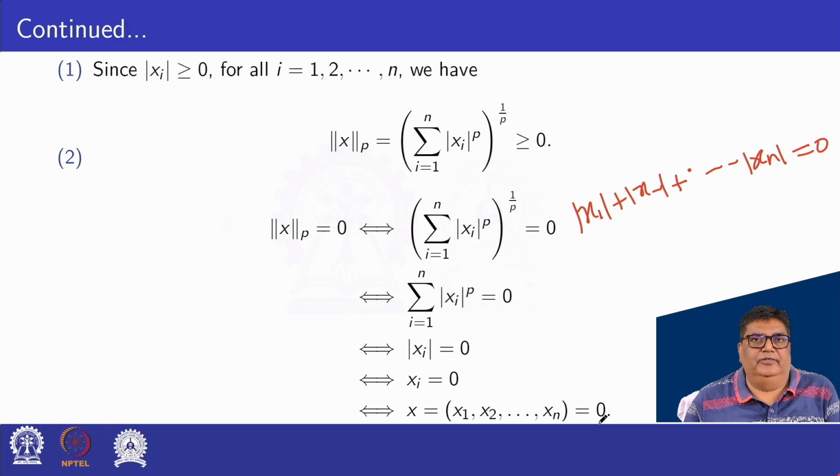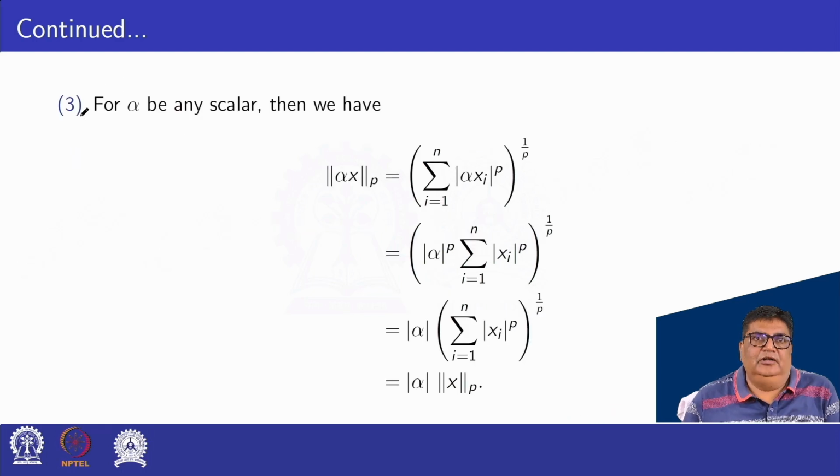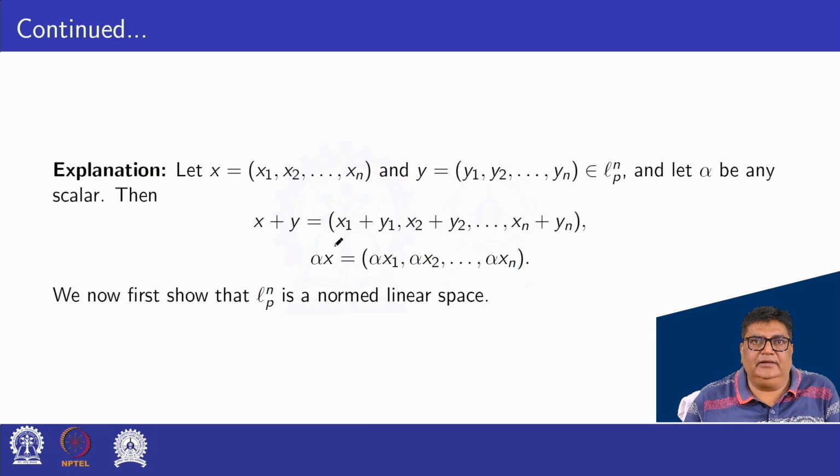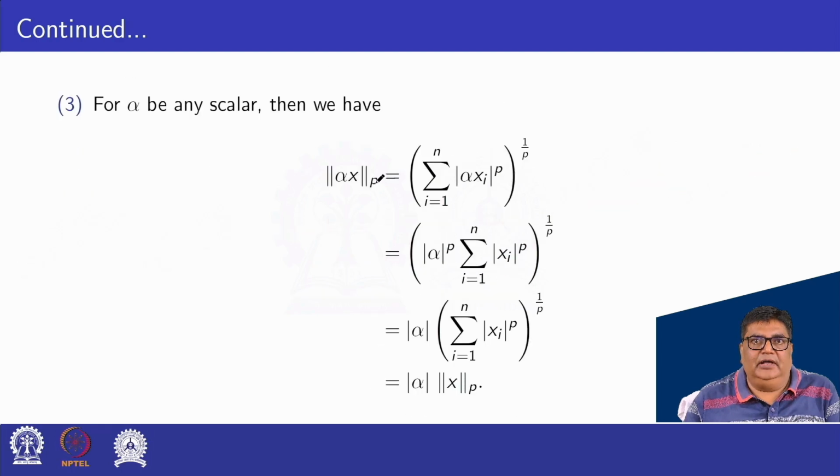Second condition satisfied. Third, for alpha any scalar, we have alpha x = (alpha x1, alpha x2, and so on). That is, ||alpha x||p = (summation i = 1 to n |alpha xi|^p)^(1/p). Then this can be written as |alpha|^p |xi|^p. Alpha is free from i, so we can write |alpha|^p outside the summation.